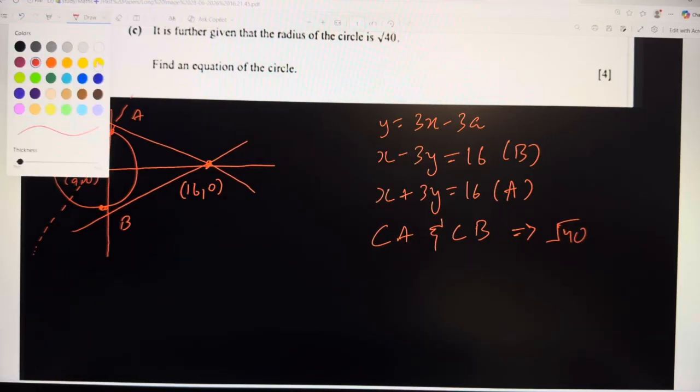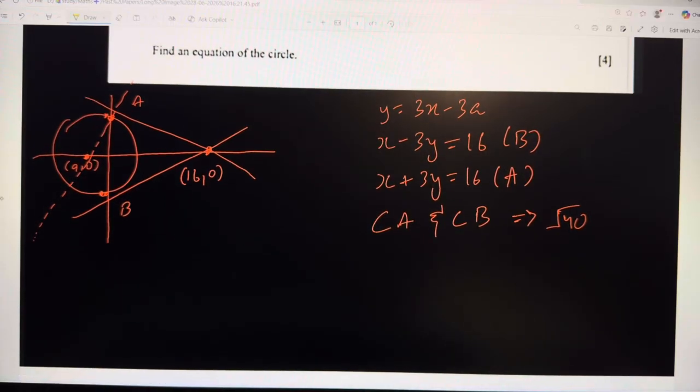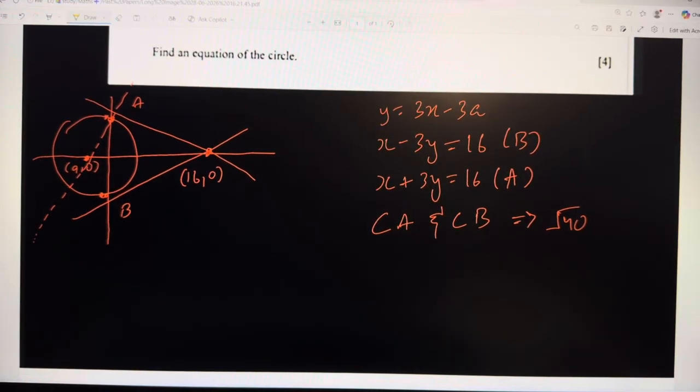First of all, we want to know the coordinates of A to find other things. To find the coordinates of A, think about it like this.